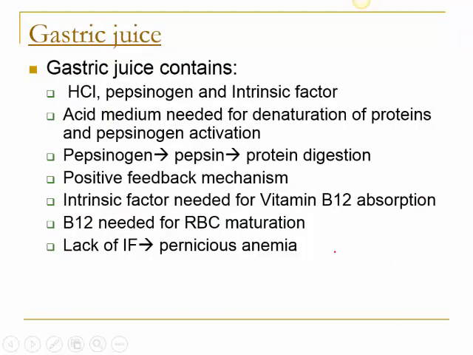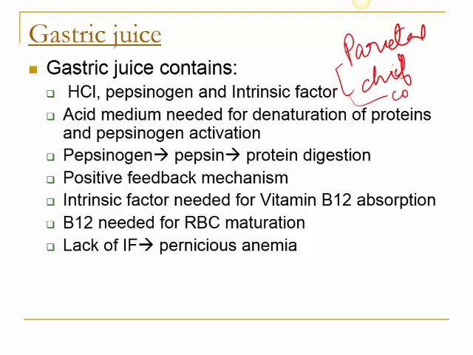So let's take a look at what gastric juice contains. We had two cells which we were talking about: parietal cells and chief cells. And then, of course, there were the cells lining the rest, the simple columnar cells. We call them mucous neck cells and so on.